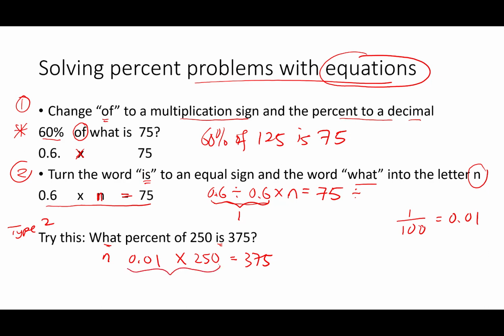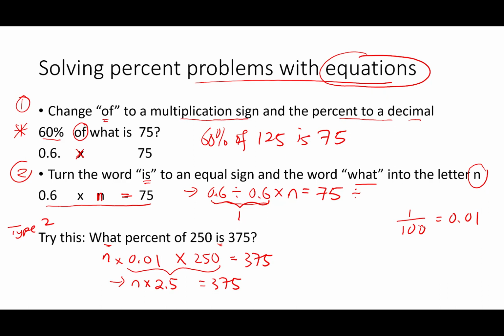So what is 0.01 times 250? This is equivalent to 2.5. Then n times 2.5, don't forget there's a times here, equal to 375. Now this equation is similar to the earlier equation.